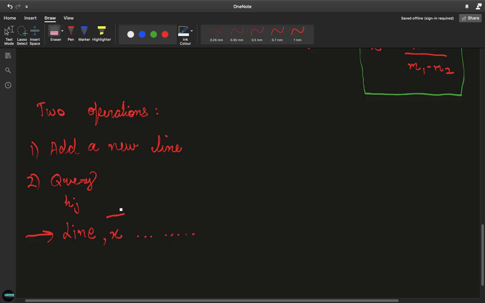Since all of these x are in increasing order, we just need to binary search to find the first x which is smaller than or equal to our query value, which will be q log n, log n operations per query.